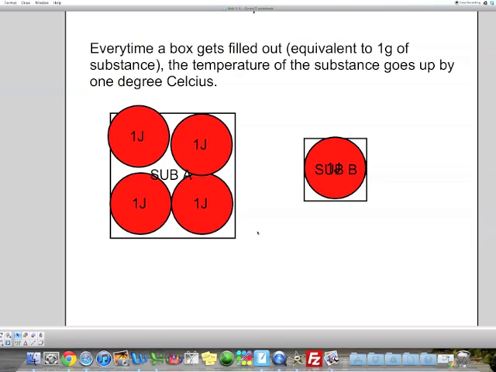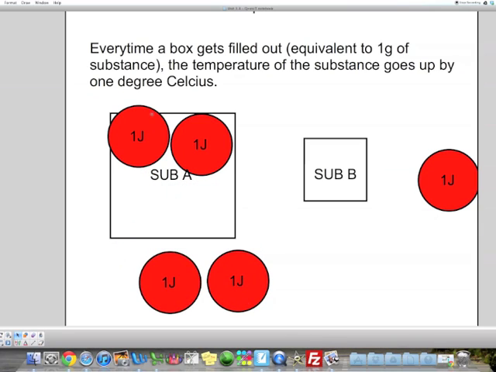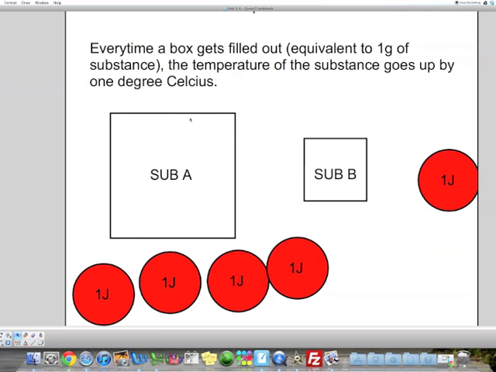If I need to cool off something, which one will cool off faster? Well, this one, it's cooled off. The other one, I need to remove 4 joules of energy to cool it off. So this one will not only warm up more slowly, but it'll cool off more slowly as well. This one will warm up faster, but also cool off faster.